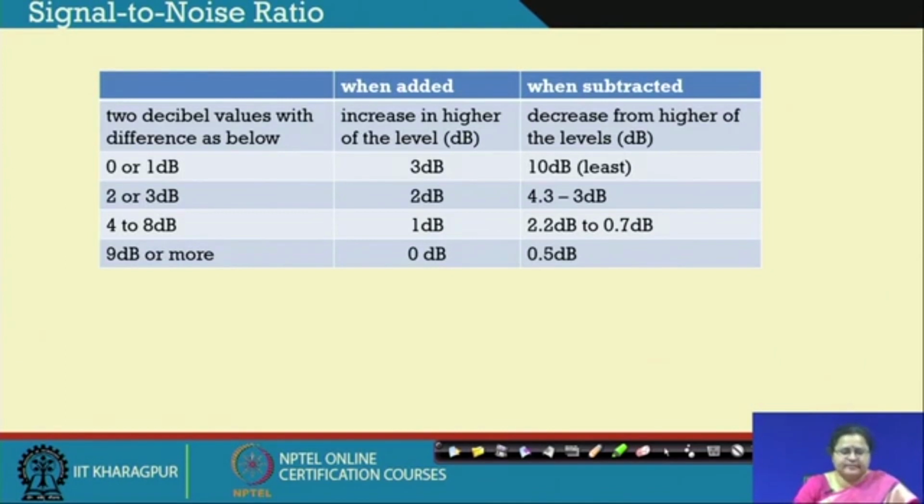If 2 decibel values with the differences mentioned in the rows below are added, in the logarithmic addition, the second column is where you see the increase in the higher of the levels by 3 dB.